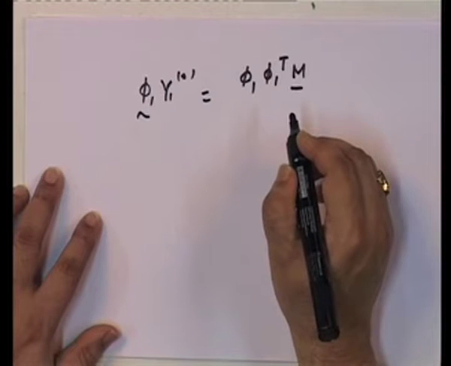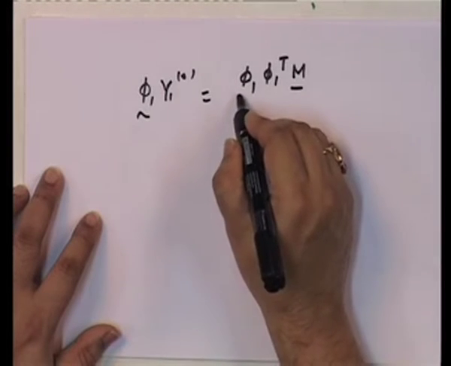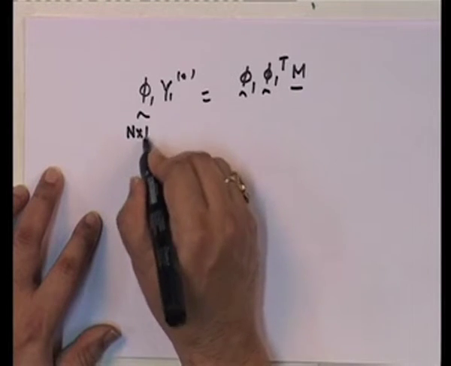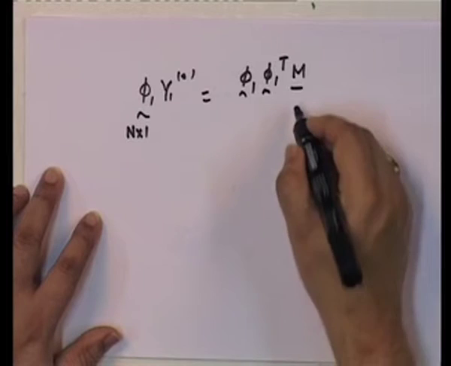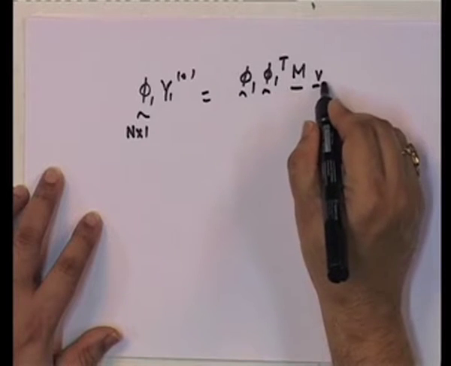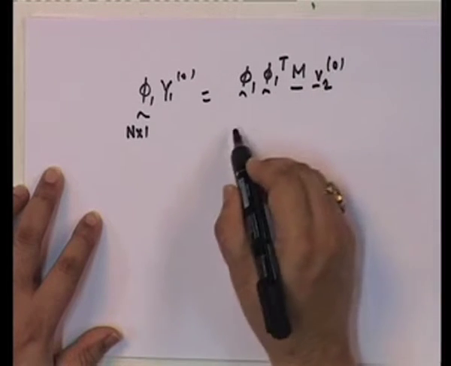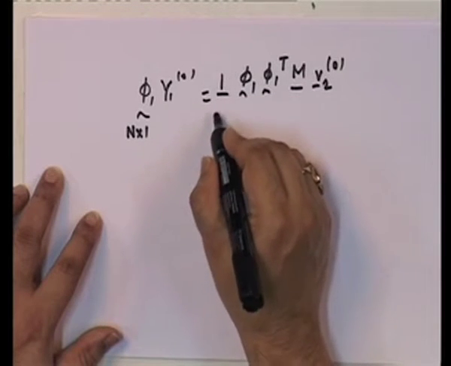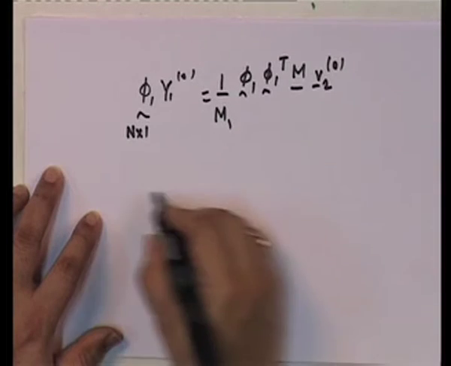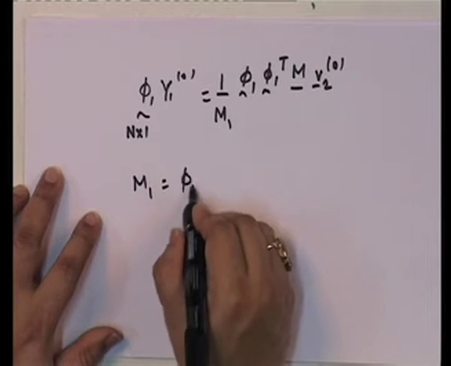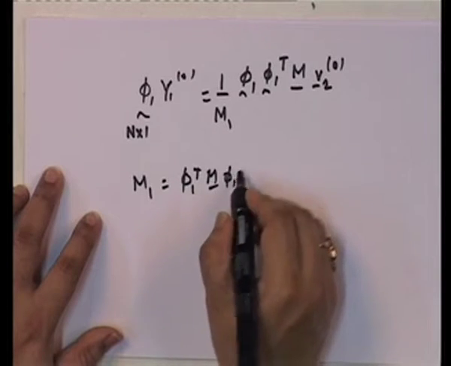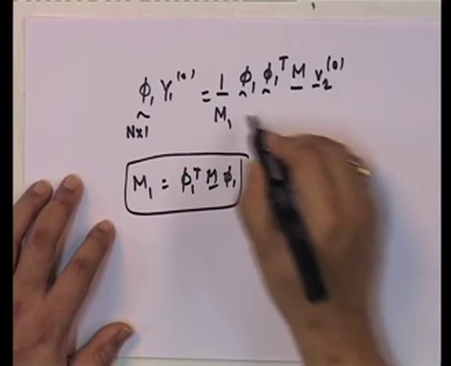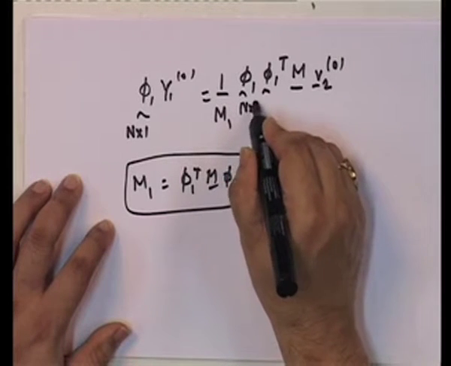Okay. So now what are the units? Well, let's look at this. This is an n by 1, okay, into V2 0. Well, 1 upon, we'll call this m1, where m1 is equal to phi 1 transpose m phi 1. Okay, we've already gone through that. That's a scalar. Okay, so this is a scalar. This is n by 1.